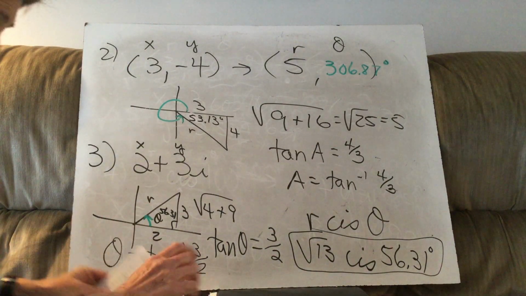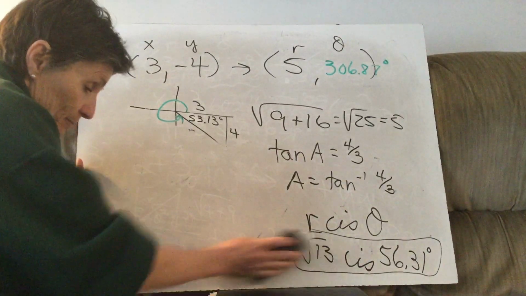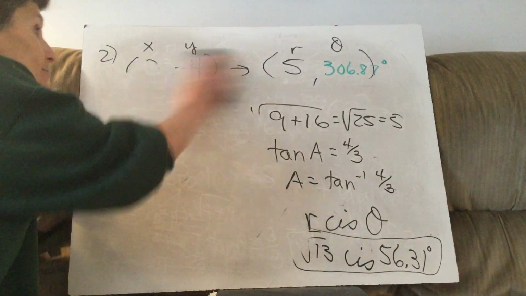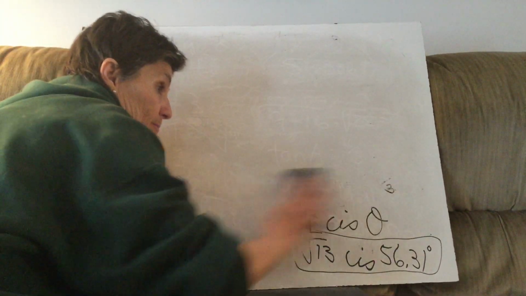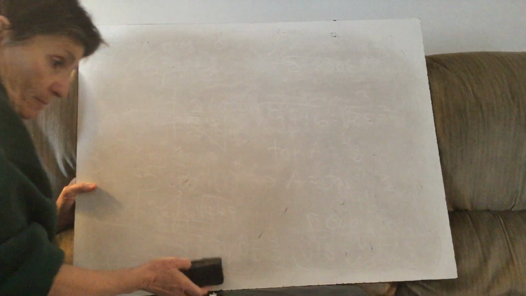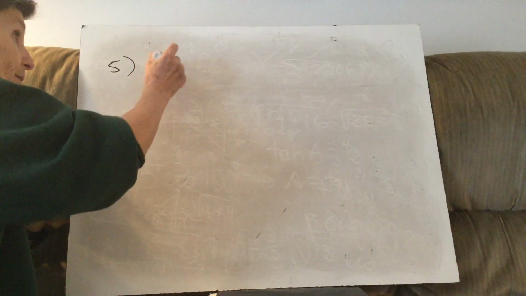All right, so let's go to the second page now. Number 5. Okay, so number 5 says, convert to a polar equation.